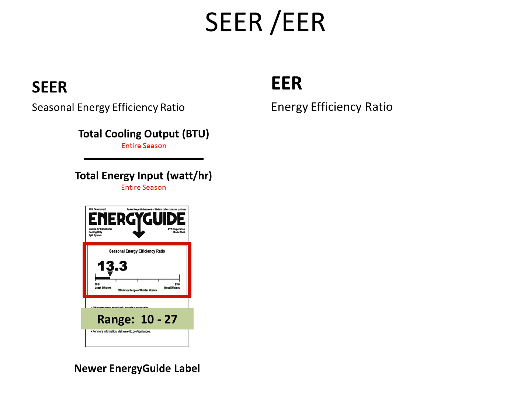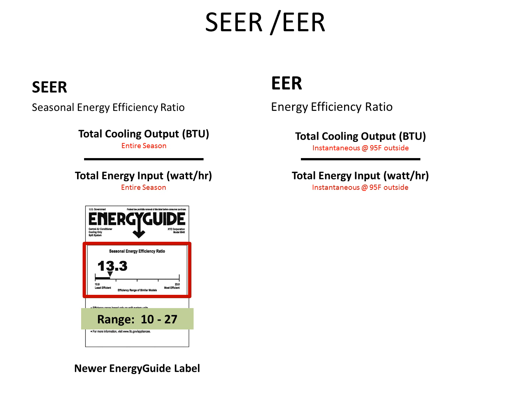Energy efficiency ratio is not used as much anymore, but it's similarly calculated for a specific instantaneous set of operations. It refers to the total cooling output in BTUs instantaneously at 95 degrees Fahrenheit outside, divided by the total energy input in watt-hours instantaneously at 90 degrees Fahrenheit outside.